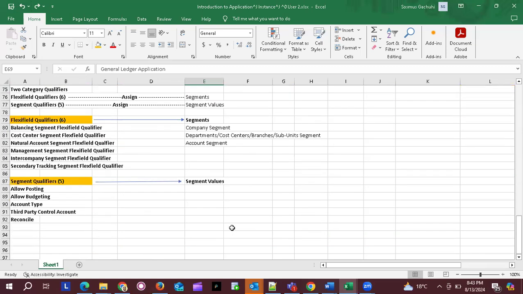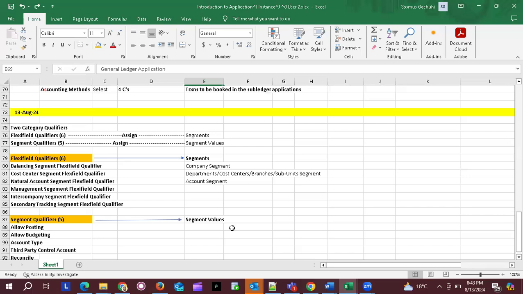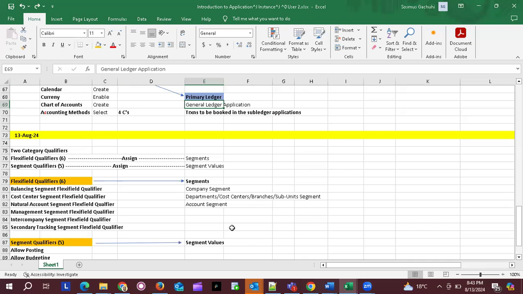Hi, Sosmas, I have a question. Is it compulsory to have segments that meet the characteristics of all the Flexfield qualifiers, all 6 of them?